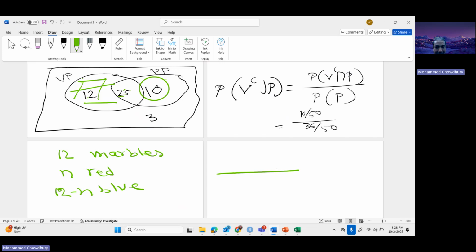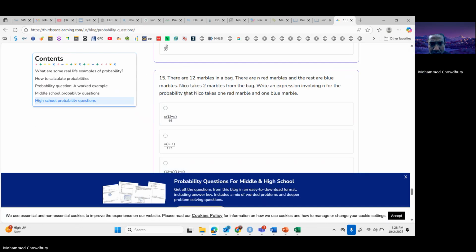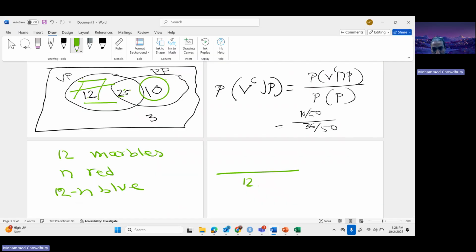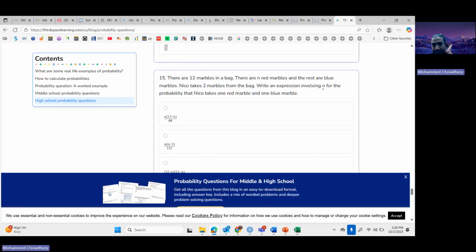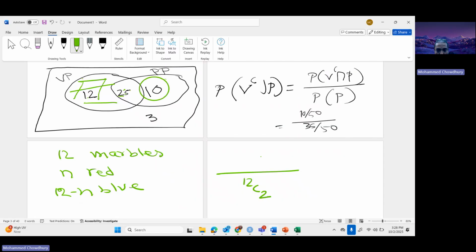And then what they are asking, Nico takes 2 marbles from the bag. So 12 choose 2 in the denominator. The probability that Nico takes 1 red marble and 1 blue marble: n choose 1 and 12 minus n choose 1. Right? You get it?